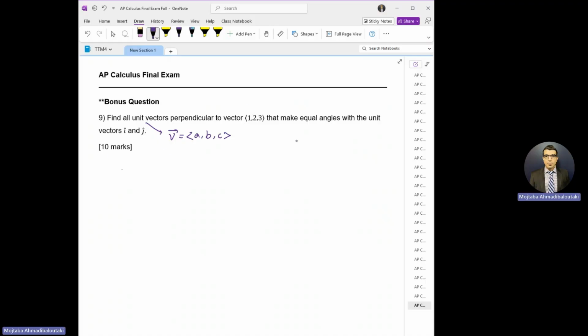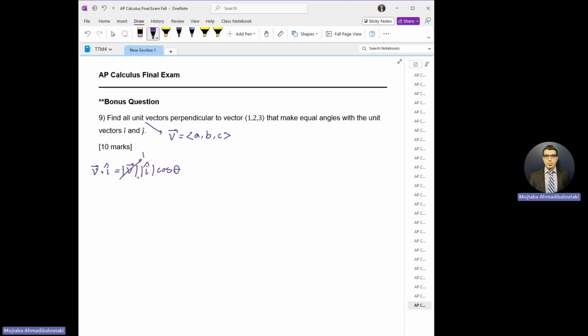So it says they make equal angles with i and j. If you start with V dot i, right? So that is magnitude of V, magnitude of i, cosine of the angle theta, right? Let's say between this i and V. We know the magnitude of V because this is a unit vector.